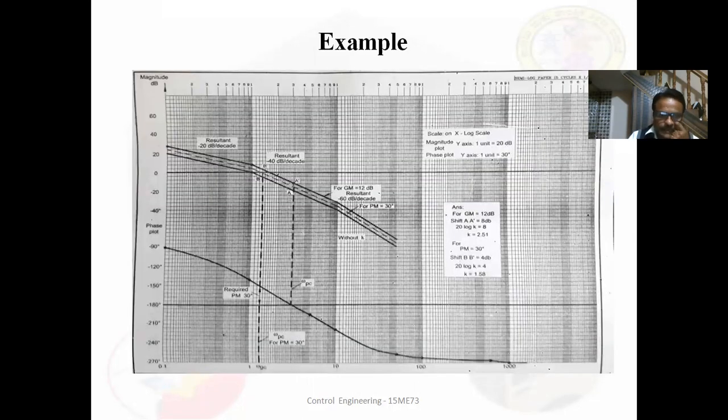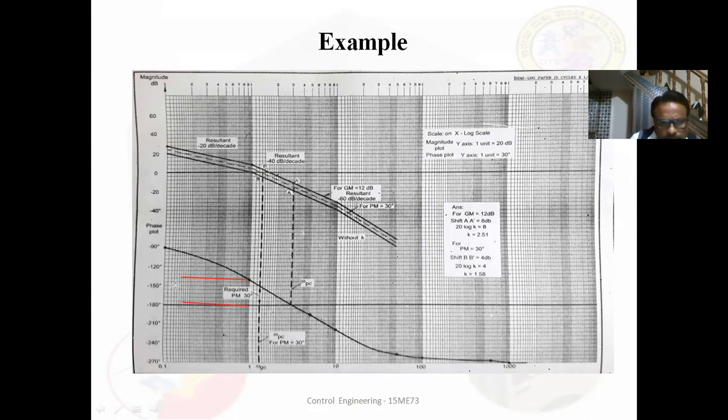Now we can see here, this is where it crosses. The phase margin value here is 38 degree. But actually we required 30 degree.